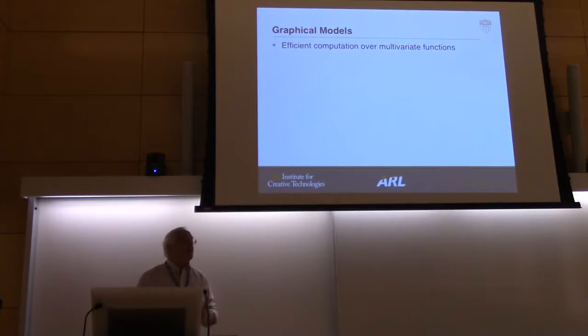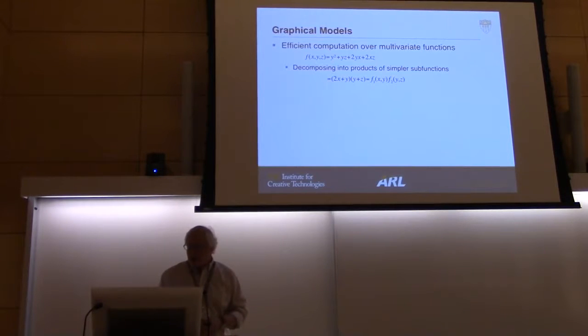Graphical models, again in very brief, are about efficient computation with multivariate functions. Here's a multivariate function, an algebraic one. But it's an example of a kind of multivariate function you can handle in a graphical model. We'll see many different kinds in cognitive architectures. What you do is decompose this into a product of simpler subfunctions, usually using some form of independence to do this appropriately. Here's a way of decomposing this particular multivariate function and then just labeling it as 2 different factors.